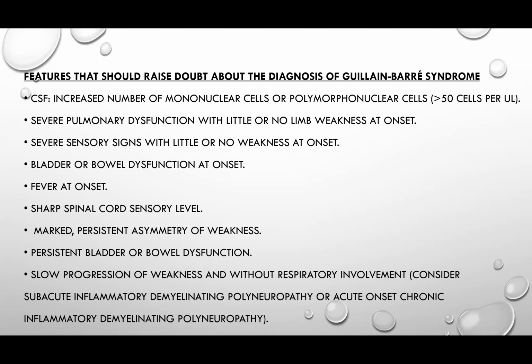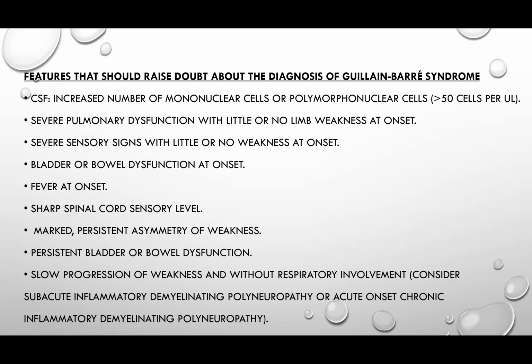Features that should raise doubt about the diagnosis of GBS are in CSF, increased number of mononuclear cells or polymorphonuclear cells, that is more than 50 cells per microliter, and there is a cytoalbuminic dissociation characteristic to GBS, that is, the cell counts are normal with increased CSF protein. Correct. Yes, sir. Severe pulmonary dysfunction with little or no limb weakness at the onset.